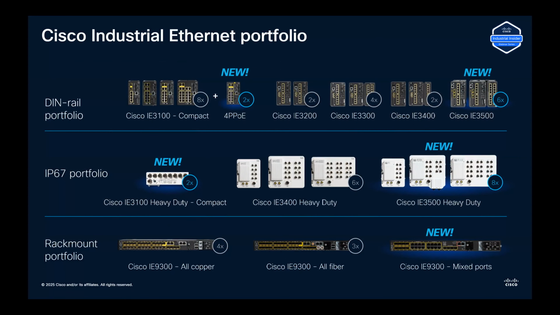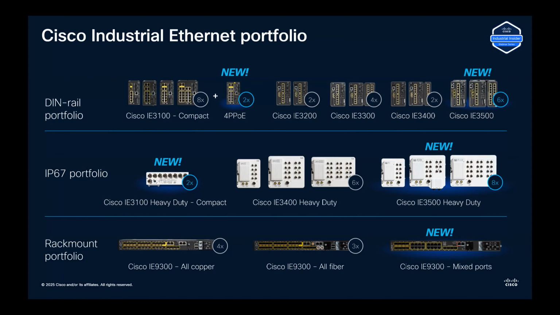So let's jump into our industrial switches. These obviously work in the industrial space as well as the rugged enterprise networking space. When we talk about our industrial Ethernet portfolio, we talk about three different buckets. One, at the top row, is the DIN rail portfolio.